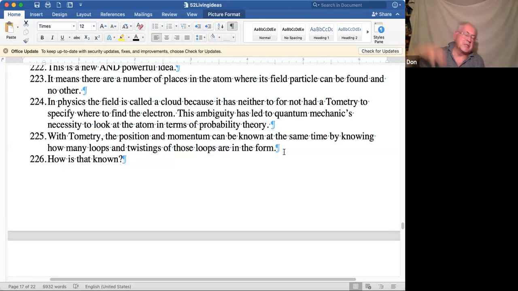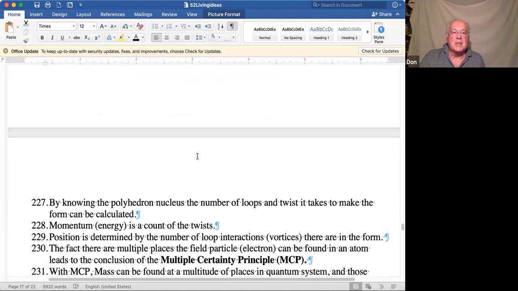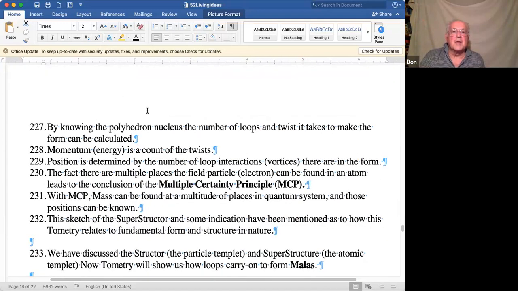This needs to be put into a chart sometime. So how is it known? By knowing the polyhedra nucleus, the number of loops and twists it takes to make the form can be calculated. Momentum, which is energy, is a count of the twists. Position is determined by the number of loop interactions in the form.